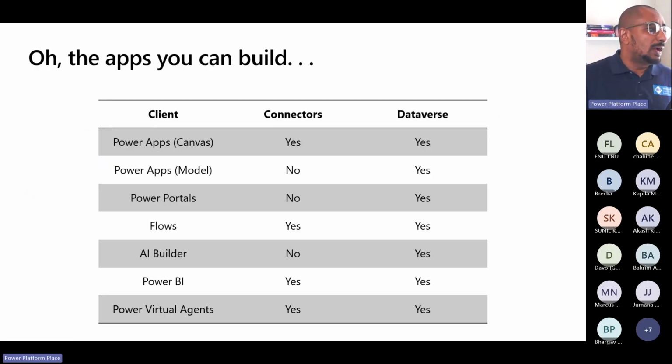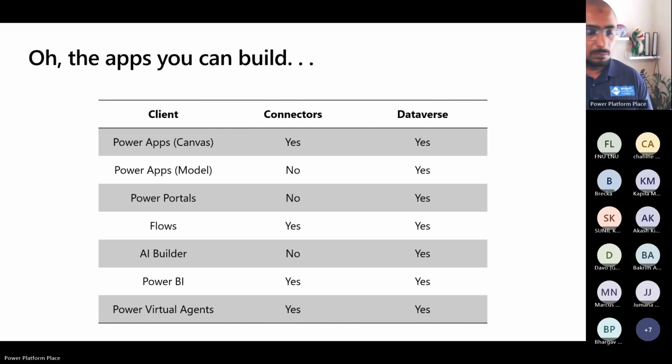Okay, so the apps you can build using Dataverse, talking about client apps, for example, Power Apps, you have Power Apps model-driven apps. You have Power Portals, which is now Power Pages. Obviously, this presentation was a little bit old because the name has changed. And then you have the flows, the Power Automate flows, either desktop or cloud, basically both of them.